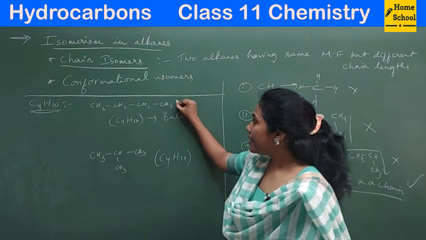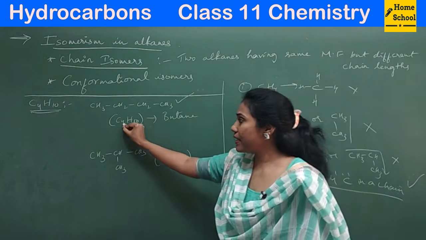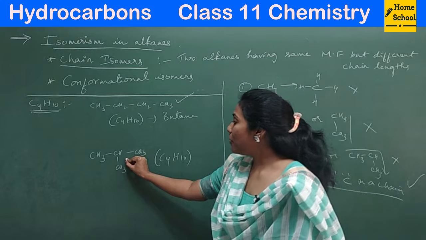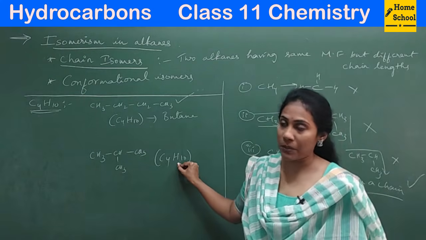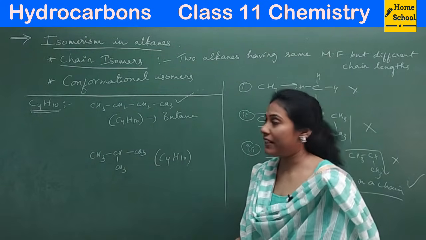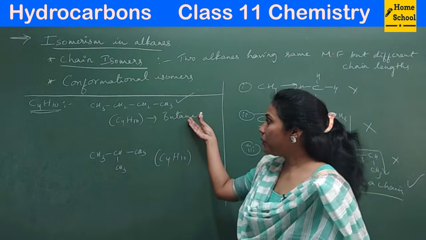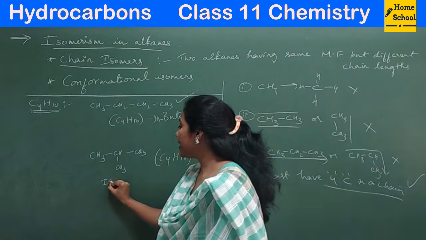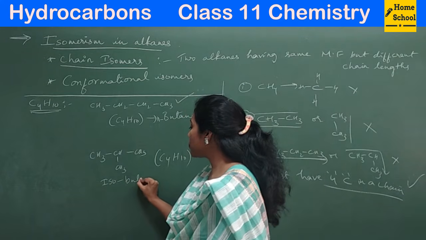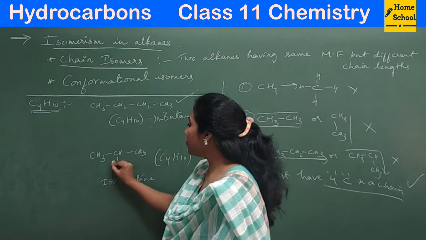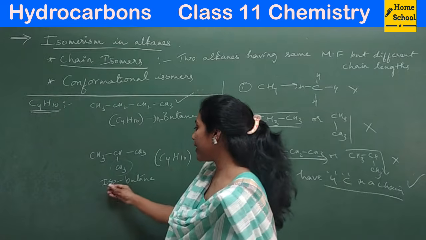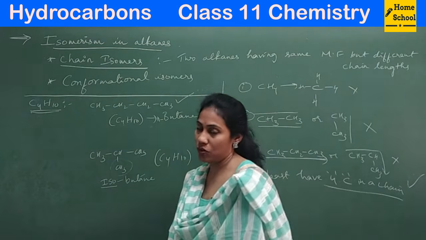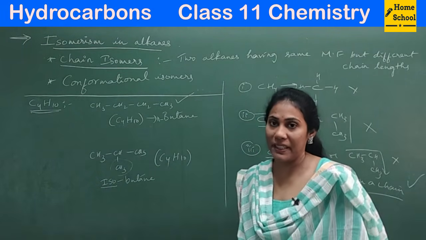This compound has C4H10, and the other compound also has the C4H10 formula, but both are entirely different. This is called just butane or n-butane, whereas this is called isobutane. So remember, anything you put as a branch, we use the prefix iso in common nomenclature.